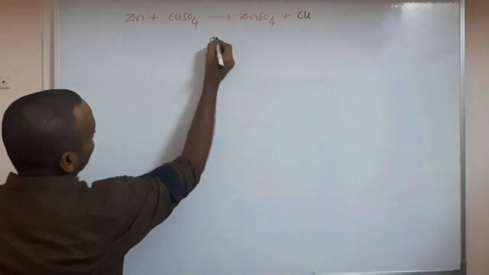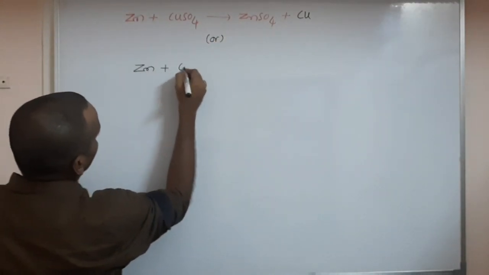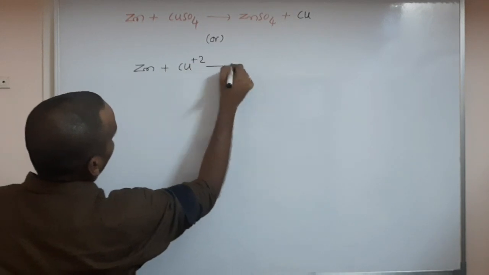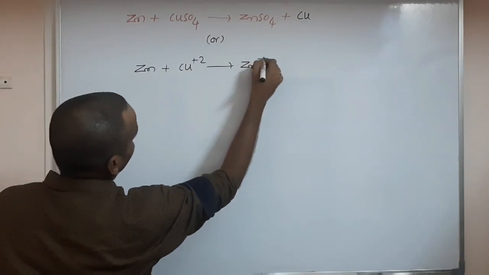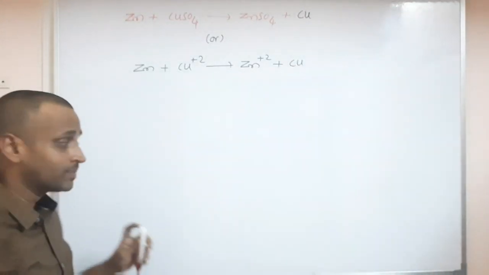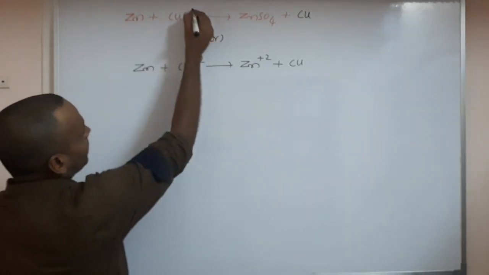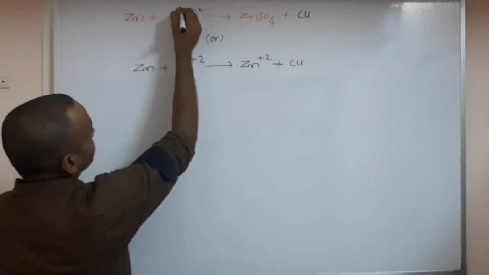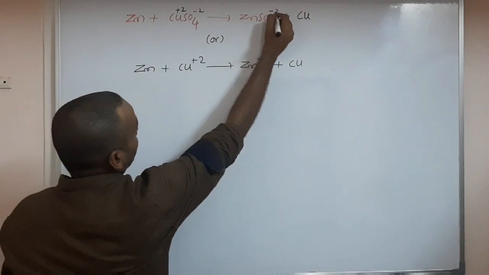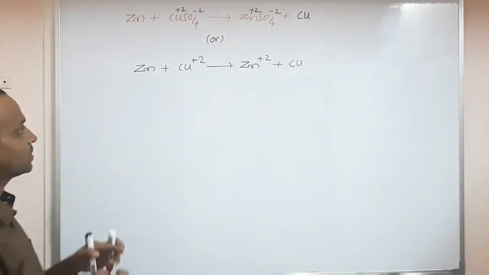The same you can write like this: Zn plus Cu2+ gives Zn2+ plus Cu. Why did I write this, sir? Because sulfate is minus 2, so copper is plus 2. Here sulfate is minus 2, so zinc is plus 2. Like that I wrote. Hope you understood.